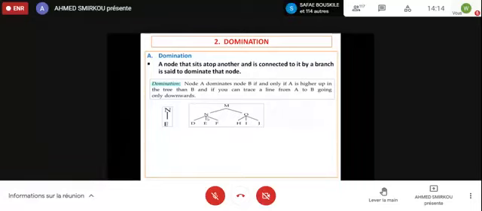But the others dominate only those nodes that are included within it.